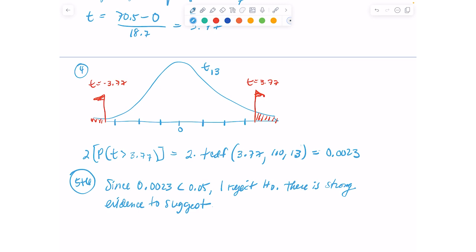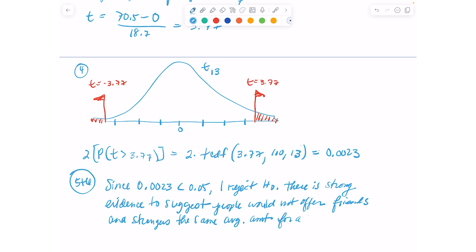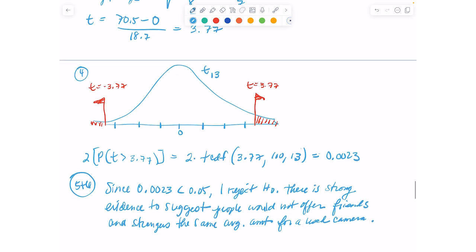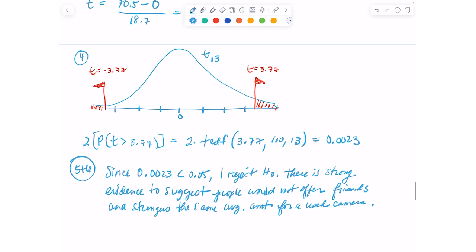That's my alternative. That's what that's saying. In fact, it appears they'd offer them more, right? Based on what we looked at, $70.50 more.